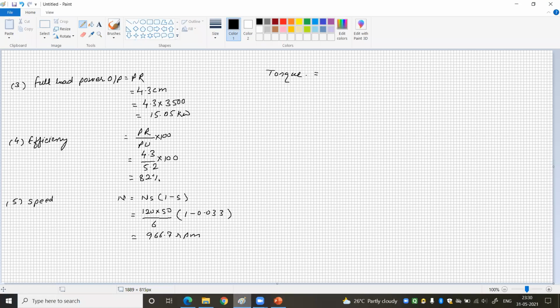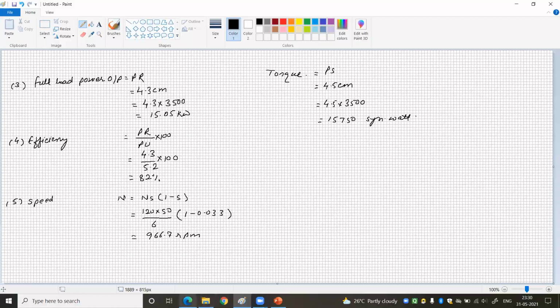So torque is equal to P2S, which is 4.5 centimeter. 4.5 multiplied by 3,500 is 15,750 synchronous watt. It is not in Newton meter, it is in synchronous watt. So this is the torque of the three-phase induction motor.